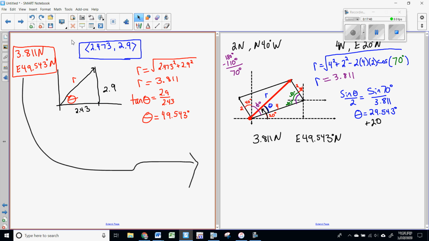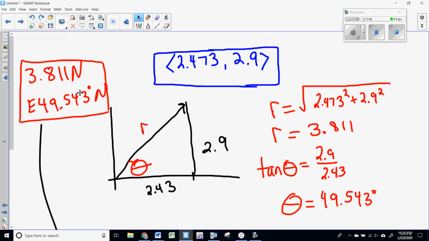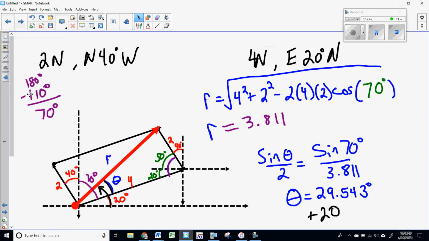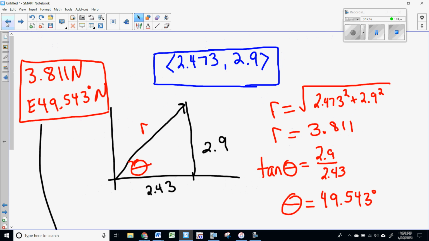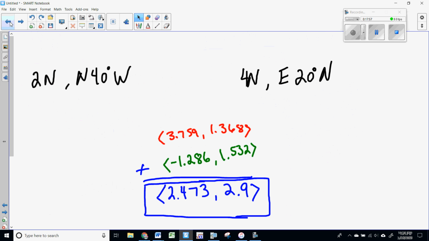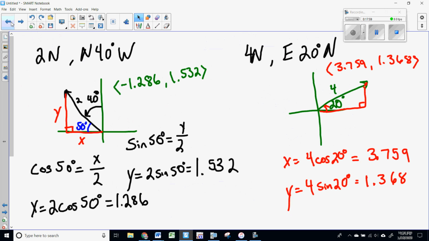But so many people, as I look at your homework, are still relying on doing it with these drawings. And as you can see, these drawings get very, very complicated. A lot of angles, a lot of geometry things you have to remember. When you do it with component vectors, all you ever need is right triangles.